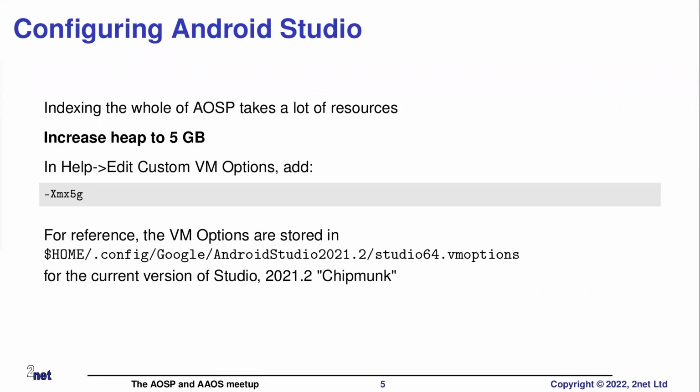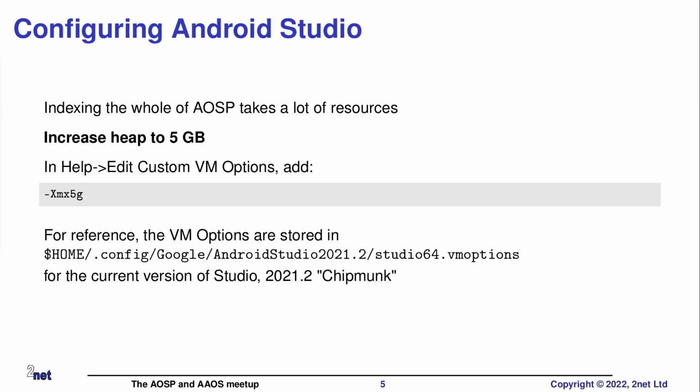Then you can fire up Android Studio. First thing is you're going to run out of memory unless you make a change. So you need to set the heap size to whatever number comes into your head, but 5 GB seems to be one that's often quoted.